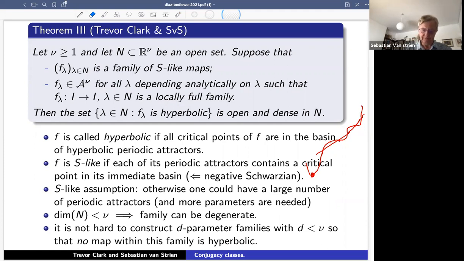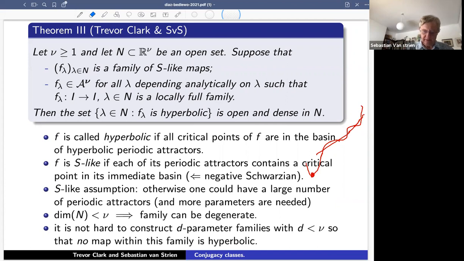That's actually stronger than the statement that in the full space of one-dimensional maps, the hyperbolic maps are dense. Here, if you look at families of maps where the dimension of the parameter space is sufficient, then it's going to be open and dense.